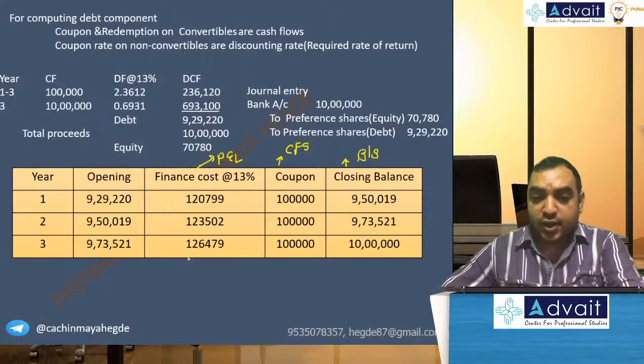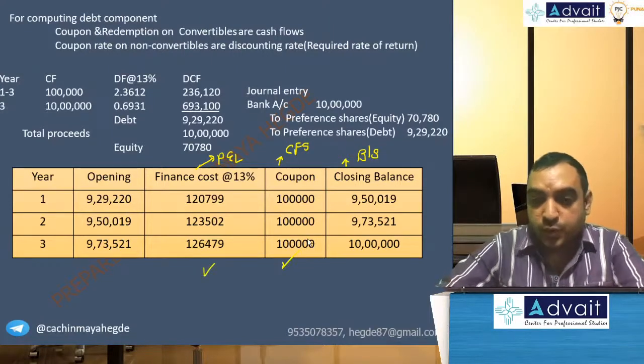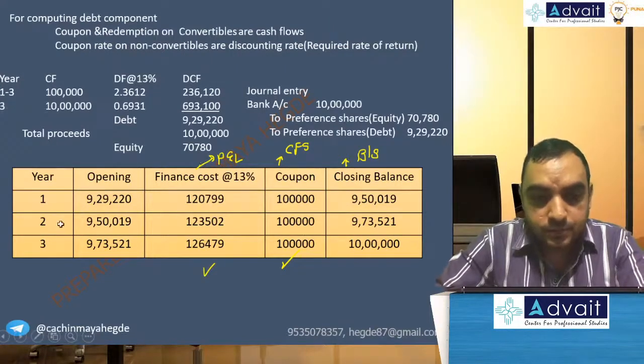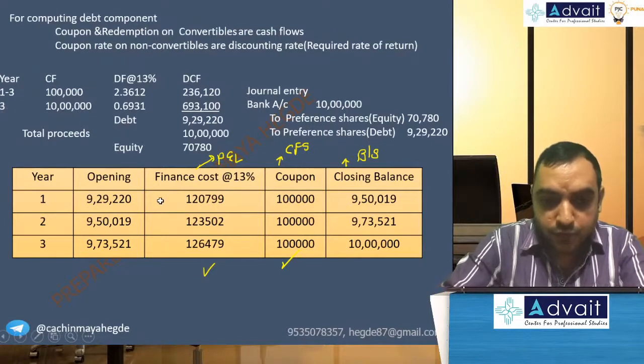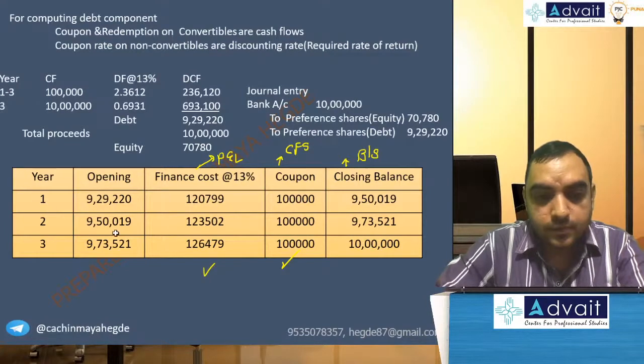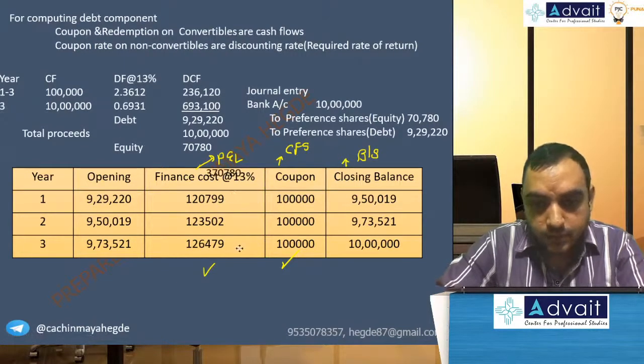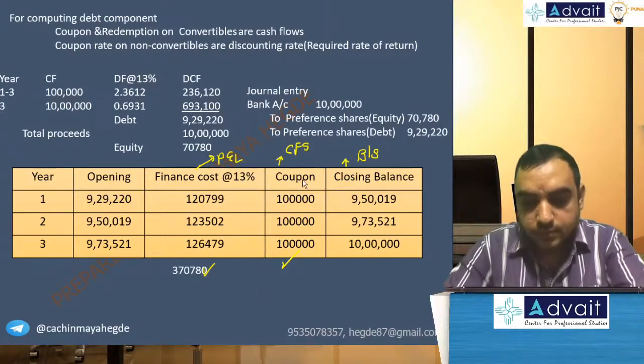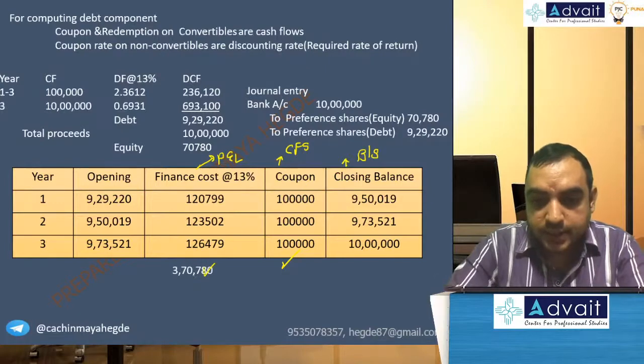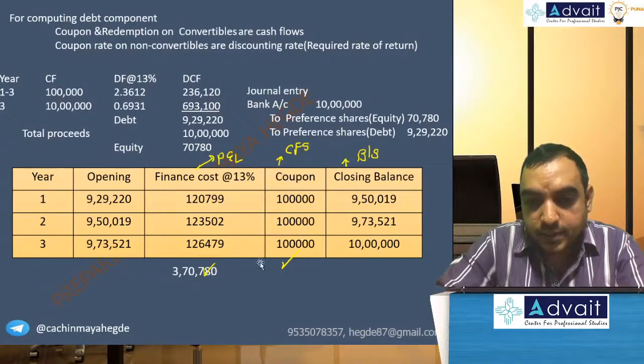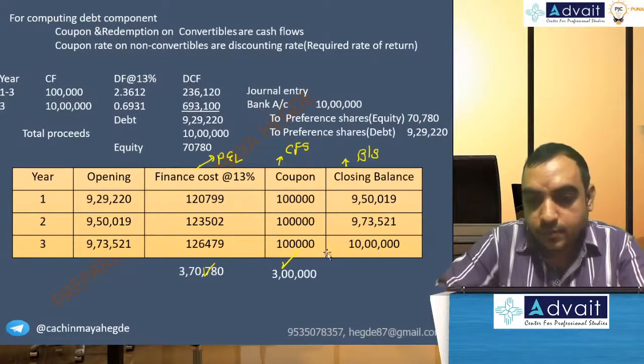Now, can you do one thing? Can you give me the total of these two numbers? How much will it be? One was anyway 3 lakh. This is 3 lakh 70,780, and this total is 3 lakh.